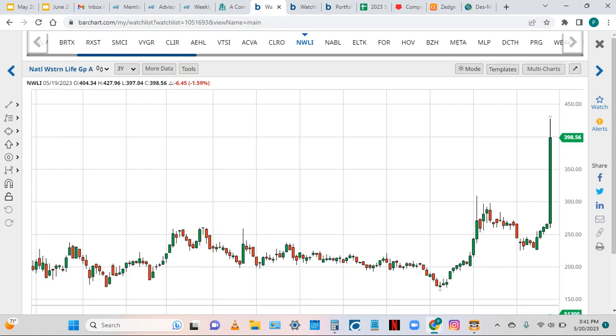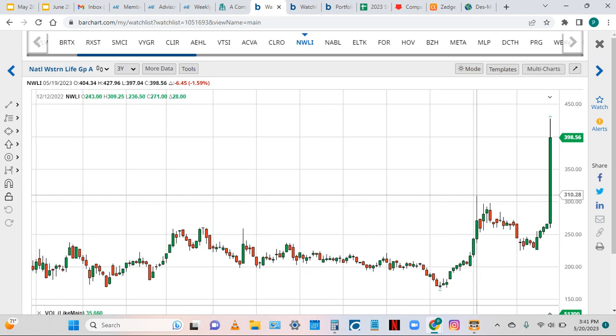National Western Life Group. So you can buy, sell, or hold on this one. A little bit different. Okay, so that's pretty easy to see this consolidation sideways trend, right?